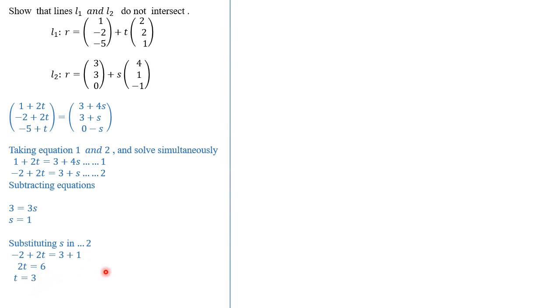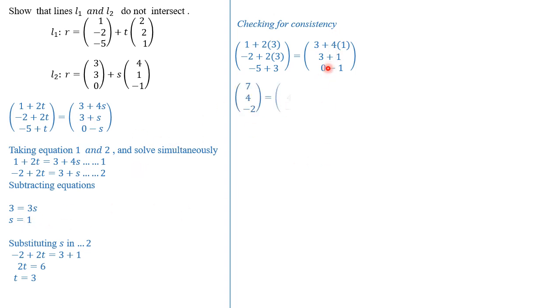So now we want to test for consistency. To test for consistency, we are going to substitute t equals 3 and s equals 1 into the equated vector equation that we have. In column form, we place t in the place of t, and s in the place of s.